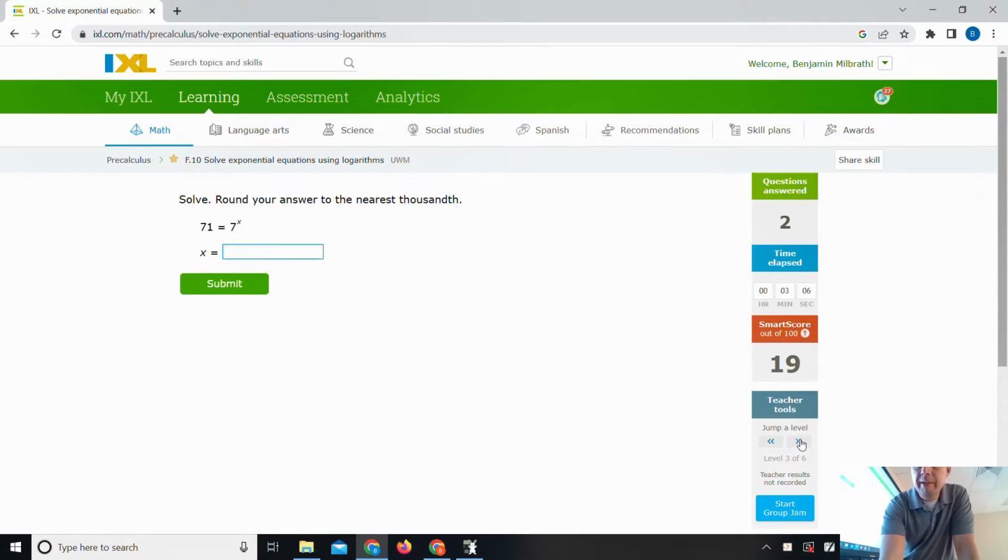Let me jump ahead. That was level 3. Here's level 4. Level 4 is not hard. You take your little 2 and you move it over. 7 to the 4x is 80. And if you're one of those magic people who can figure out what power of 7 creates an 80, so be it. There's no way to change the bases. We'll ln both sides.